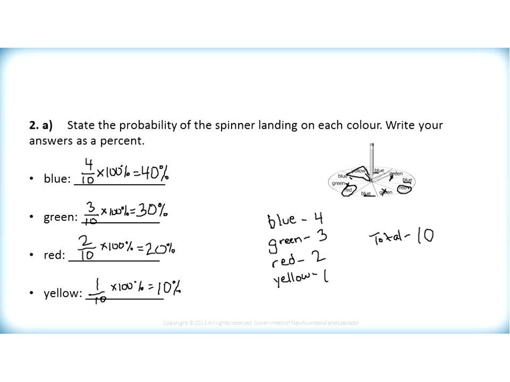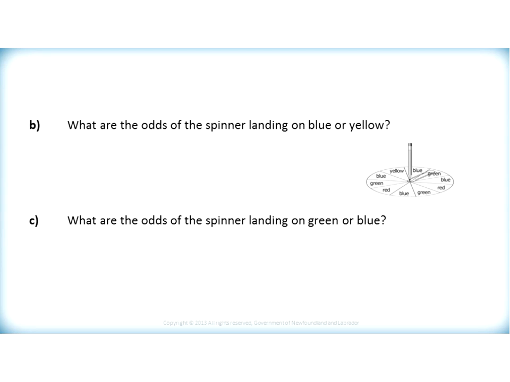Well, we're going to look at odds now. We're going to look at what are the odds of the spinner landing on blue or yellow. If you recall, same spinner of course, there are 4 blue and 1 yellow. So in other words, the odds of the spinner landing on blue or yellow, there are 5 successful outcomes, blue or yellow, and there were 10 in total.